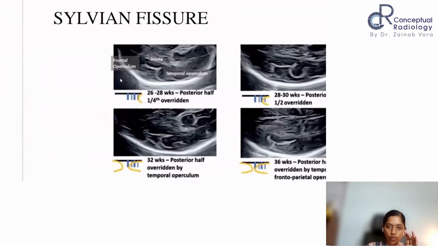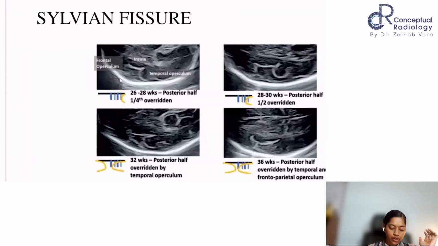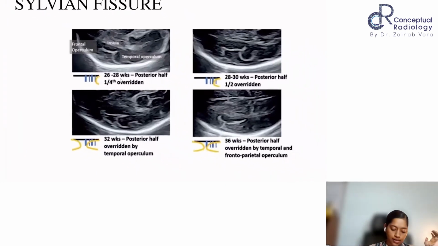Now the temporal and the frontal operculum start overgrowing this space. So this is my frontal operculum and this is temporal. They start overgrowing and coming close to each other. When they come close, they are basically narrowing the space, the depth. At 26 to 28 weeks, the posterior half is 1/4 covered.